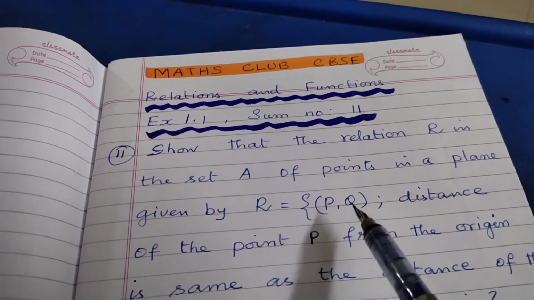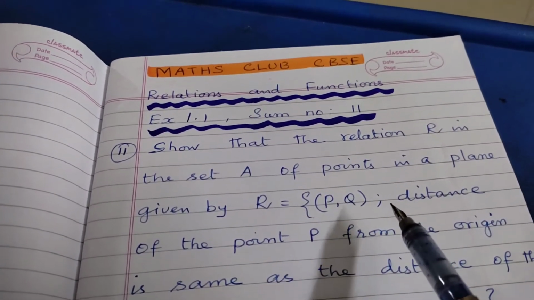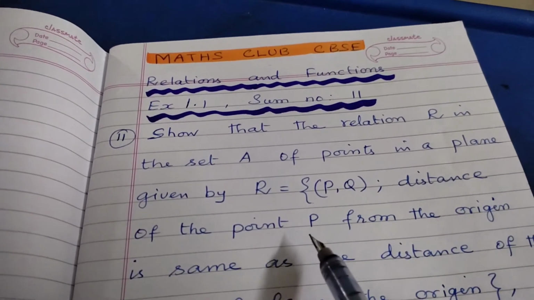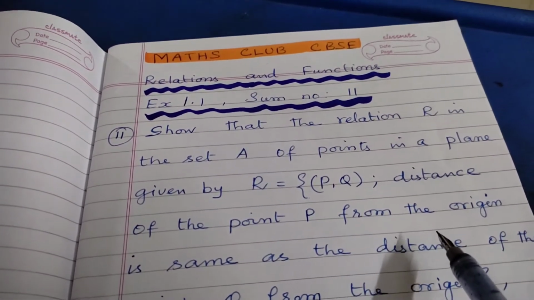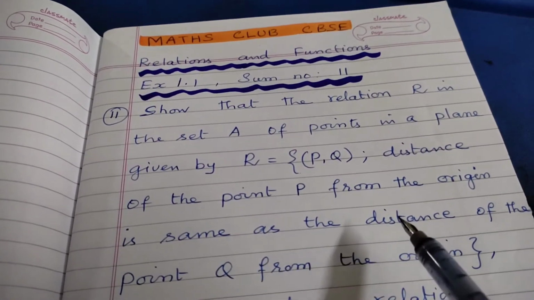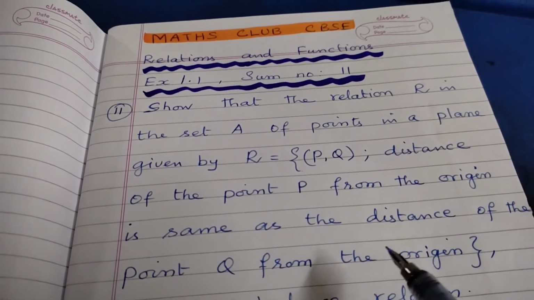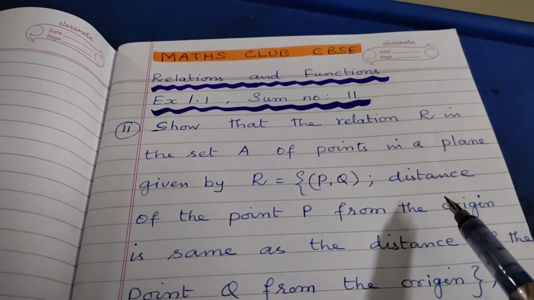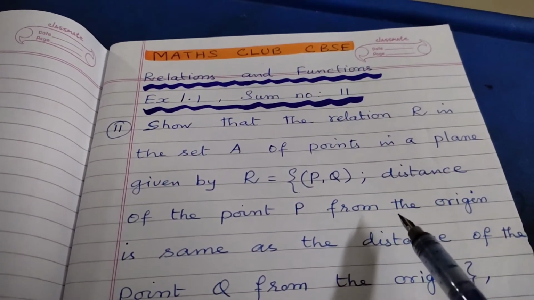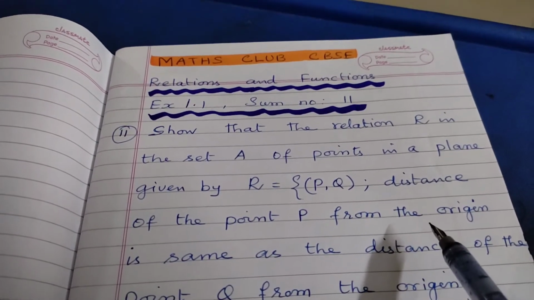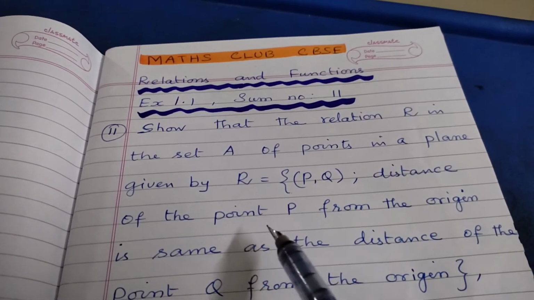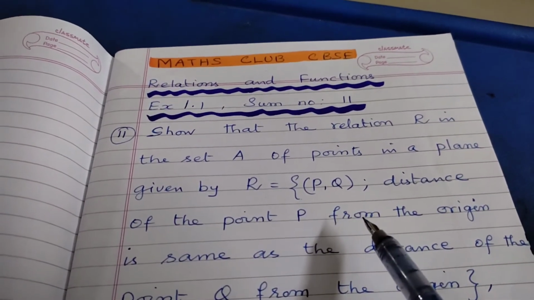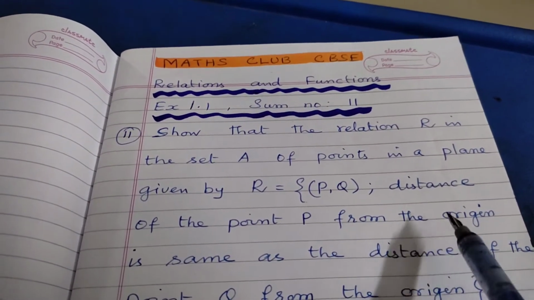But what is the relation between those points P, Q? That is, the distance of the point P from the origin is the same as the distance of the point Q from the origin. Here consider O as the origin.